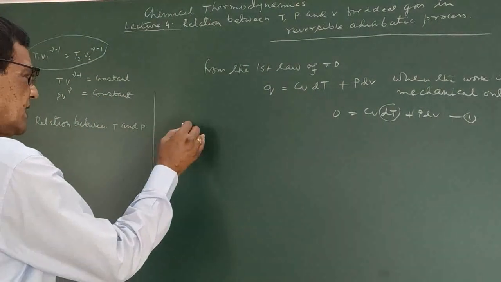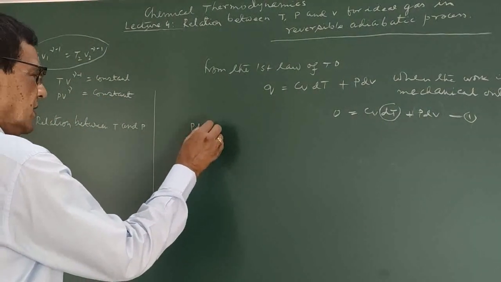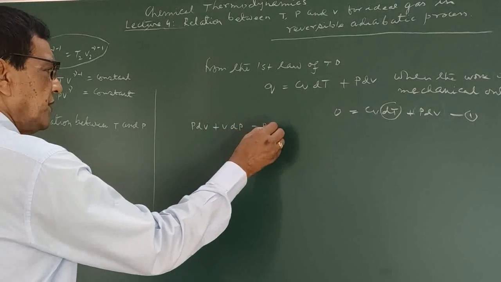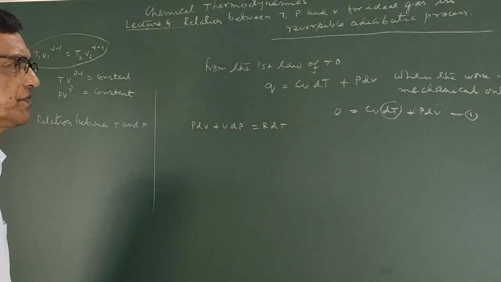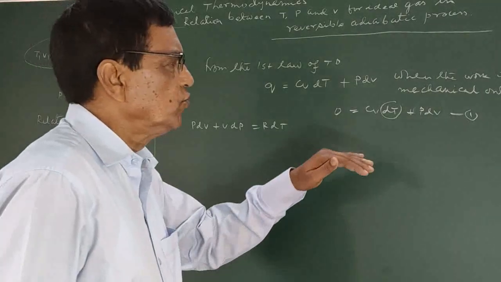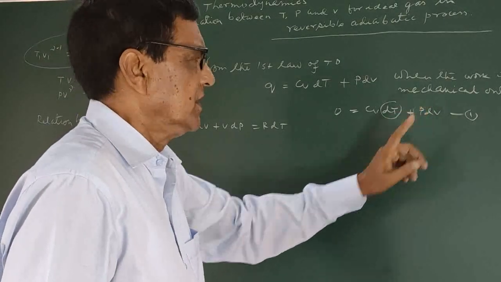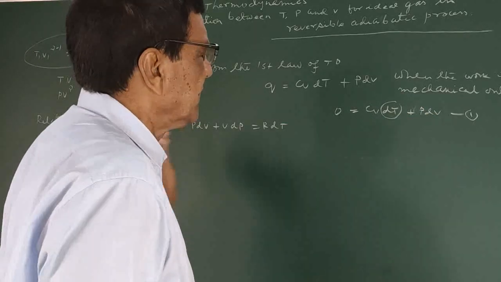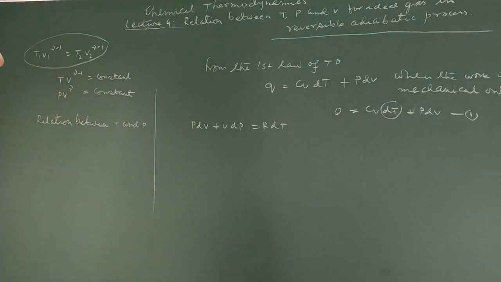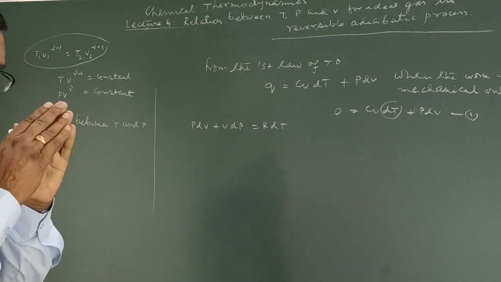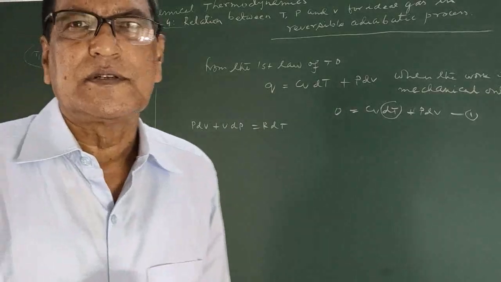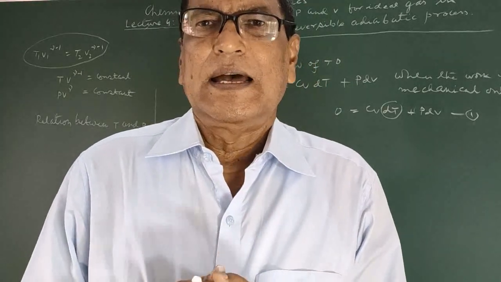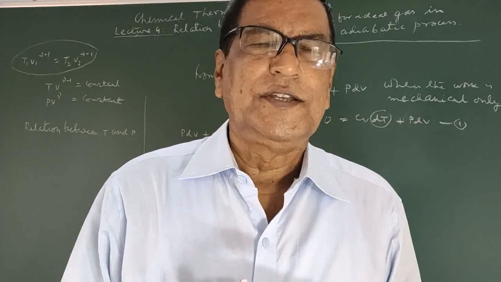For the ideal gas, PdV plus VdP equal to RdT. Here I shall have to replace the dV terms, and again in a similar way there will be a separation of variables and the integration to be done.